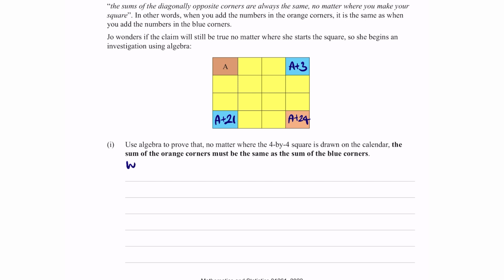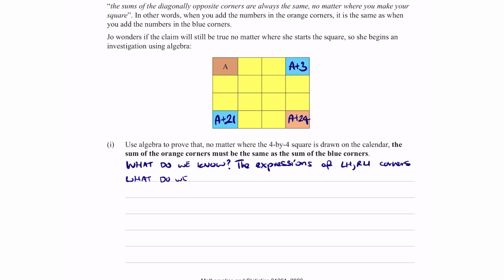Well, we know the values, or maybe not even the values, but the expressions would be a better term, of the left hand and right hand corners. So we know all the expressions for all the corners. And so what are we trying to show?